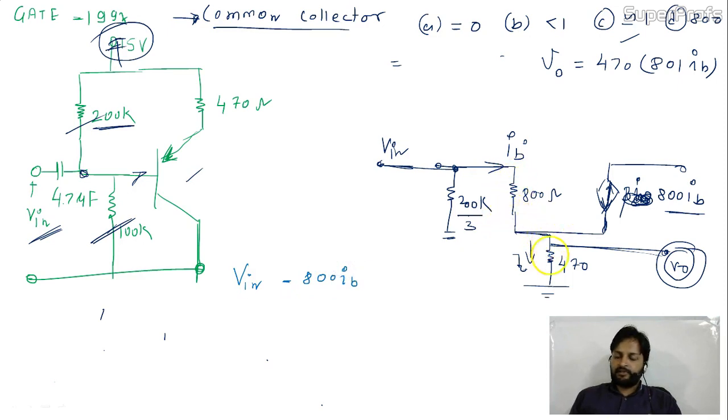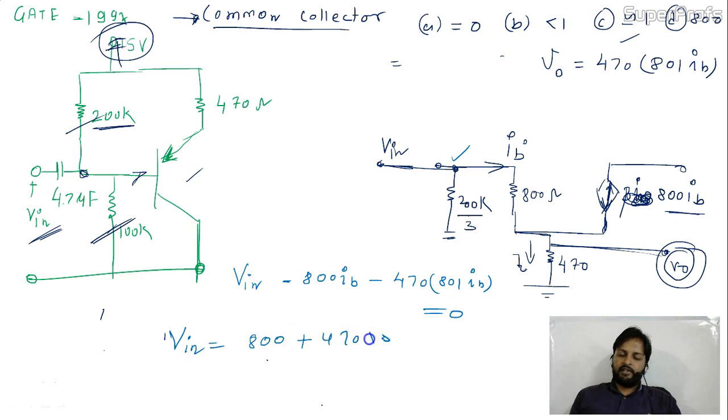Then here you get minus 470 and your current is 801 IB. This is equal to 0. Starting from V in and going to the ground, you encounter these two terms. So finally your V in will be 800 plus 470 into 801 of IB, like this. Is it okay?